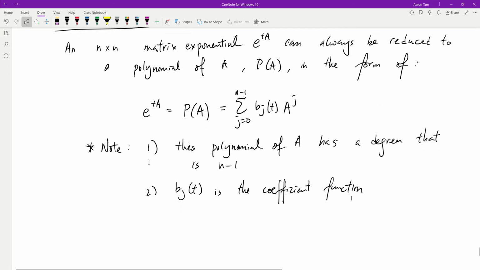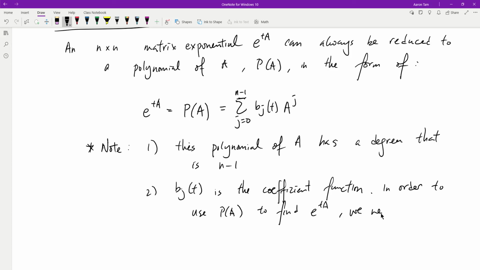And in order to use this polynomial p of A to find e to tA, we need to figure out what b sub j of t would be.